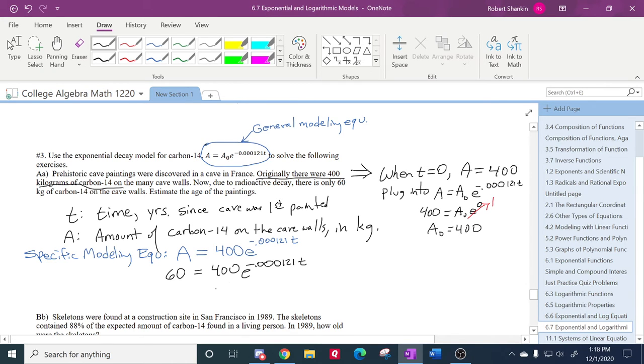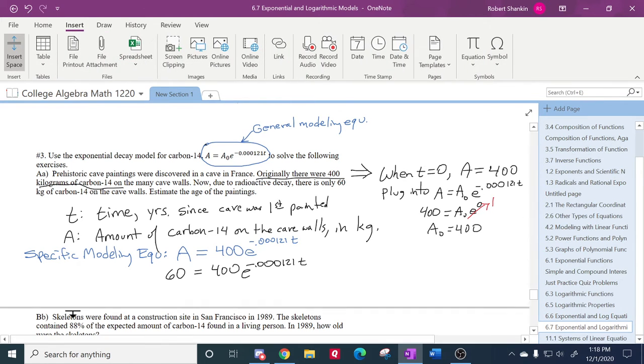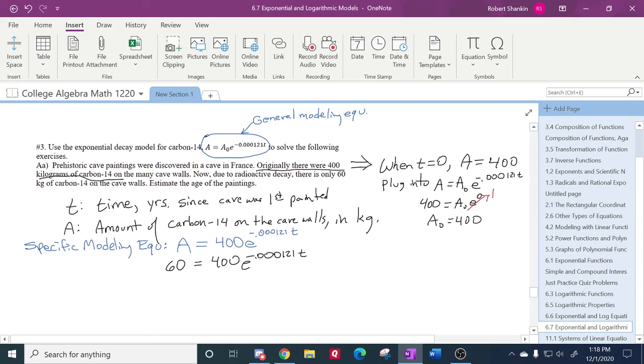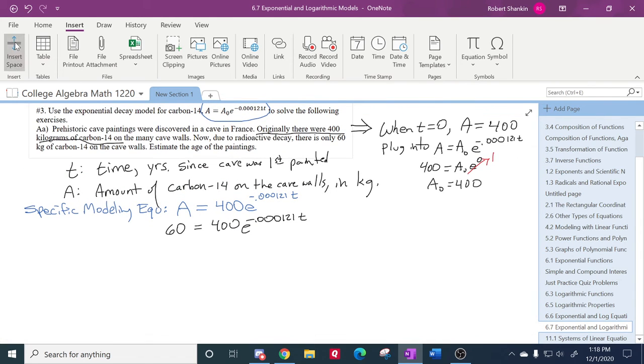And then we have to solve this equation. Now, you're going to come up with exponential or logarithmic equations to solve. Good thing we've been doing that recently.